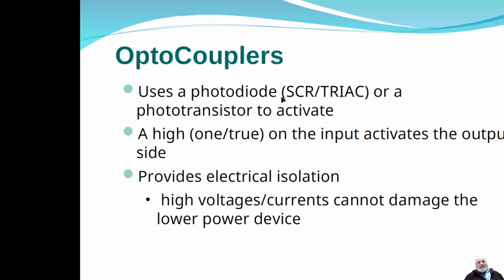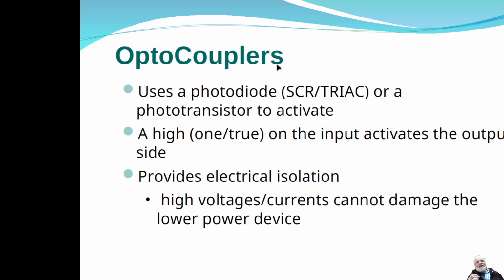Now, another thing that you can use is called an optocoupler. An optocoupler is pretty similar to what we've already talked about, but the difference here is that to activate the transistor, instead of simply wiring it up with a resistor, you're going to activate it with a photodiode or possibly a separate transistor.